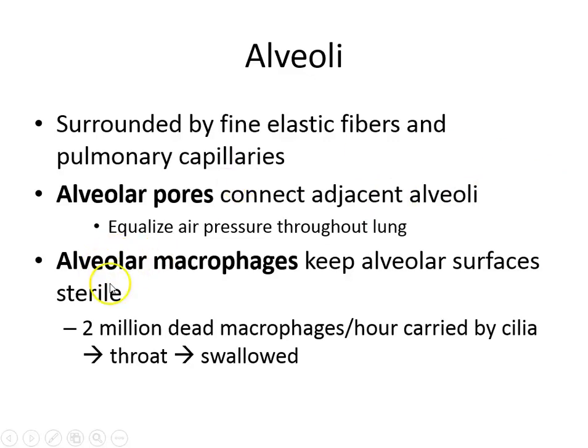And then wandering the surface of the alveoli, you've got alveolar macrophages. So those are the big eaters. They come by and eat as much as they can before they die. They take in and break down lots of foreign materials that have made it down into the lungs. And then the ciliary lining of our respiratory tract is going to move it back up the bronchi, up the trachea, past the larynx, and we swallow it.